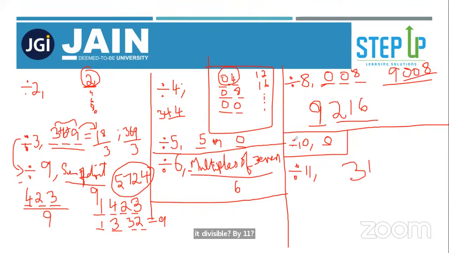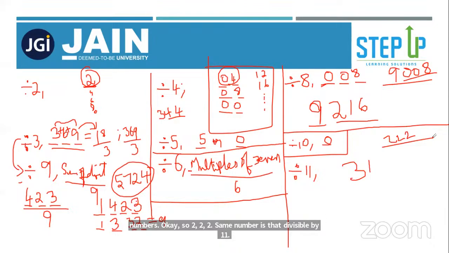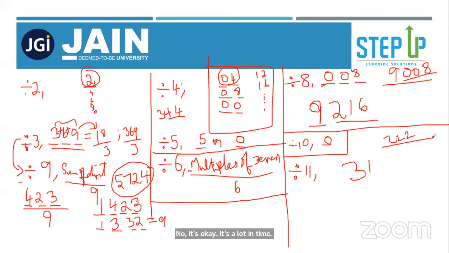Same numbers, 2, 2, 2. Is that divisible by 11? No, it's okay. It's a learning time.